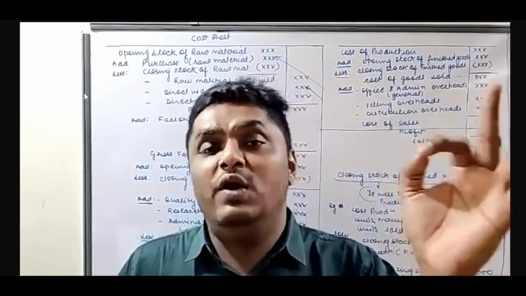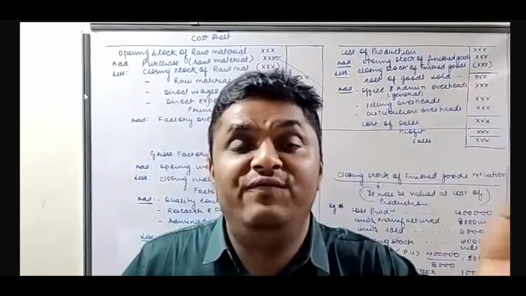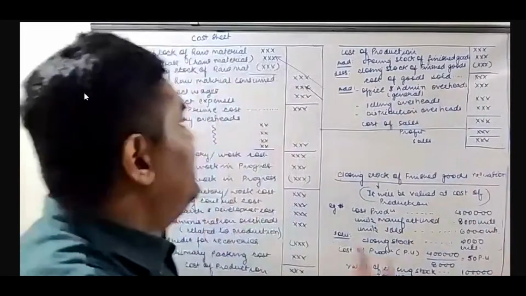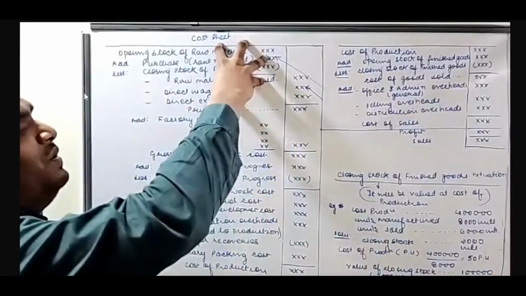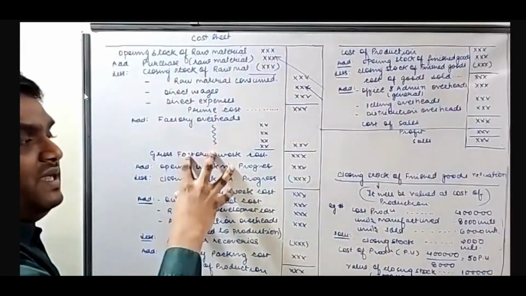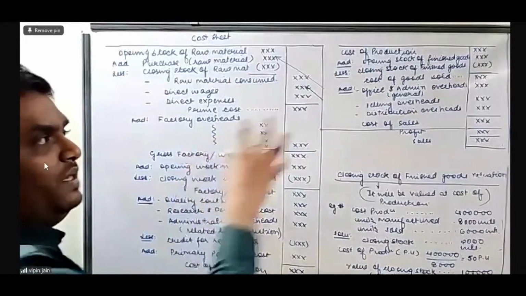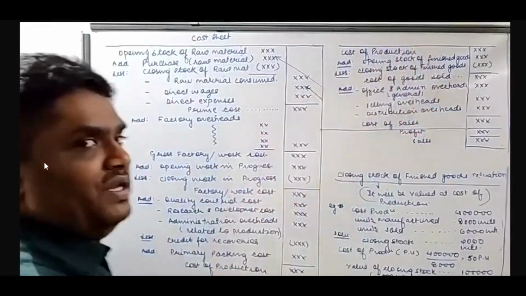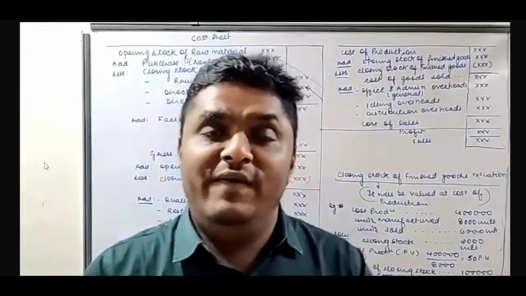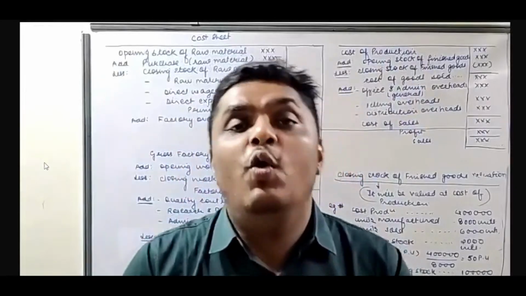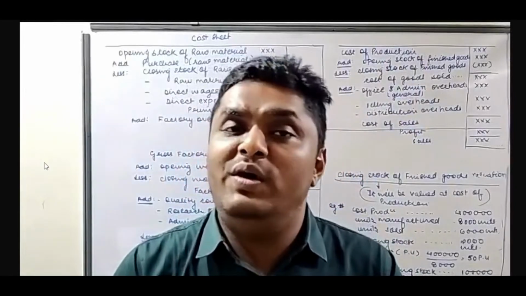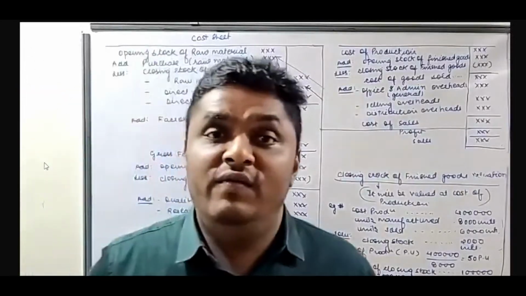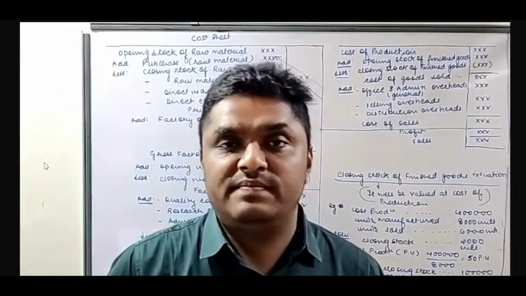After calculating the gross work cost or factory cost, if we make adjustments of opening and closing work in progress, here we have made adjustments of what? Opening and closing raw material. Here we made adjustments of what? Opening and closing work in progress. Here we have made adjustments of what? Opening and closing stock of finished goods. So three parts. So when talking about after adjusting opening and closing stock of work in progress, in gross factory cost or work cost, we will get the factory cost.